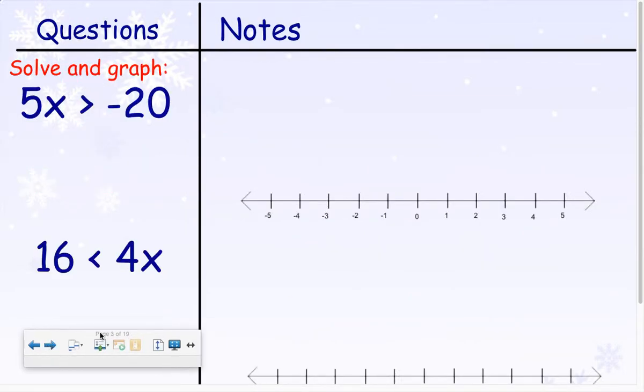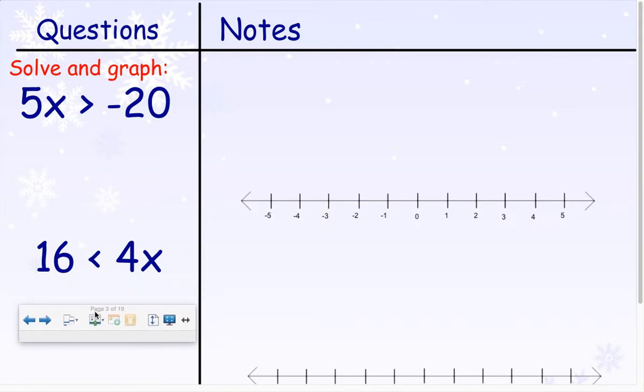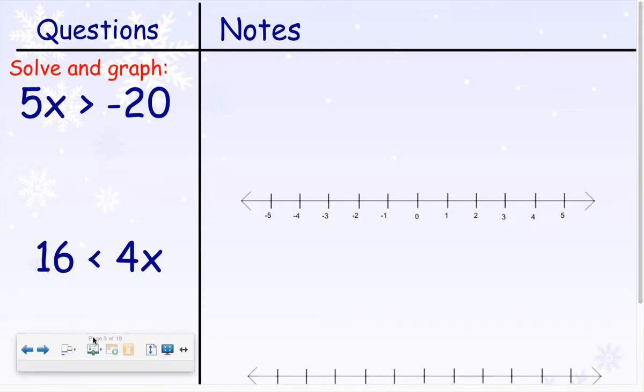All right, let's try it with some real examples here. So, our first one, solve and graph, 5x is greater than negative 20. So in order to get x by itself, I'm going to divide both sides by 5.